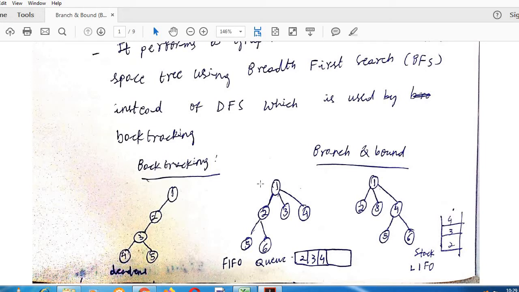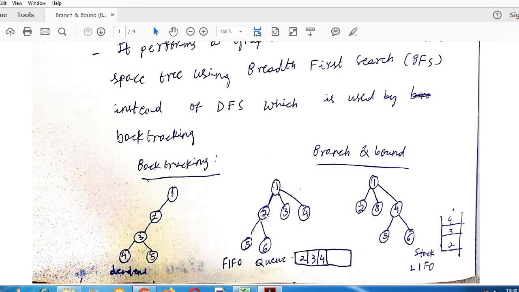In FIFO, which is first in first out, the branch and bound algorithm will be implemented using queues. As you can see, first I will start with the root node, then I will traverse the next level nodes breadth wise. I will traverse node 2, then node 3 and node 4. Whichever node I traverse will be added to the queue.